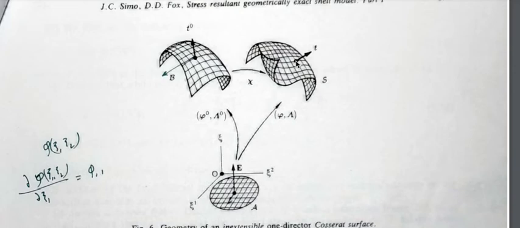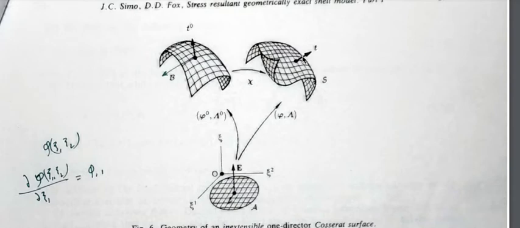There will be a corresponding point for all the points in this shell configuration, and we can basically make a pullback operation which will bring in all these stress resultants expressed in this convected basis, which is a naught alpha, a naught beta, or phi naught comma alpha, phi naught comma beta.